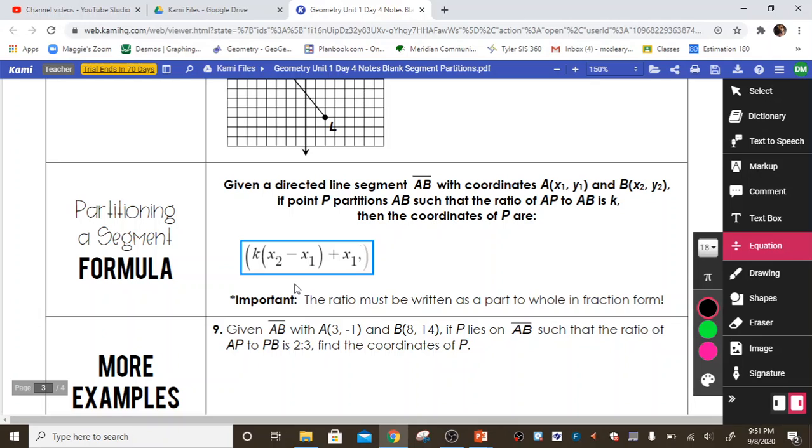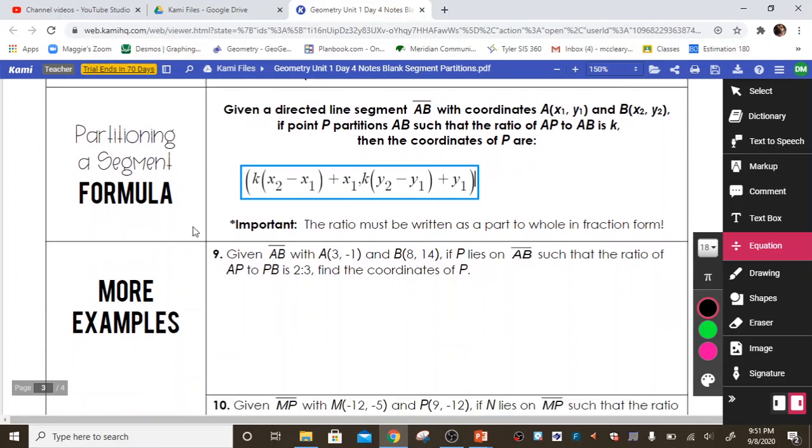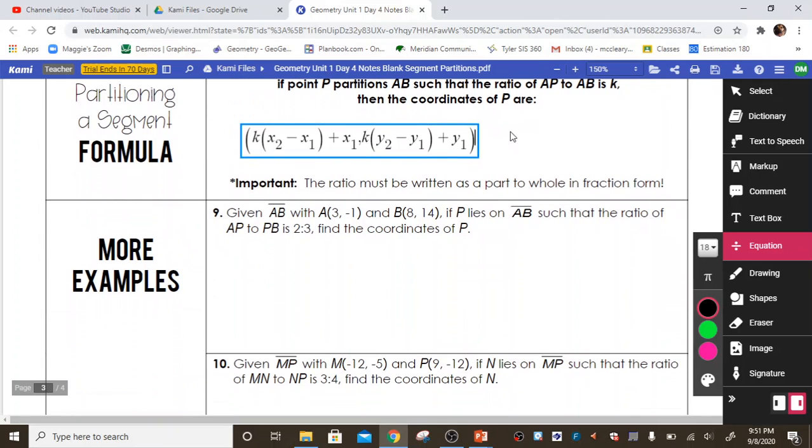And then our y coordinate is going to be k times y sub 2 minus y sub 1, and then plus that initial point again, y sub 1. Okay, so that's a formula for it.